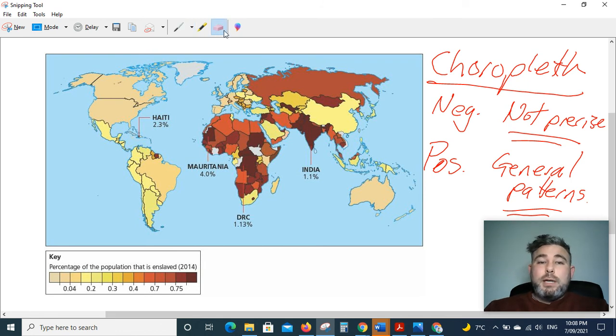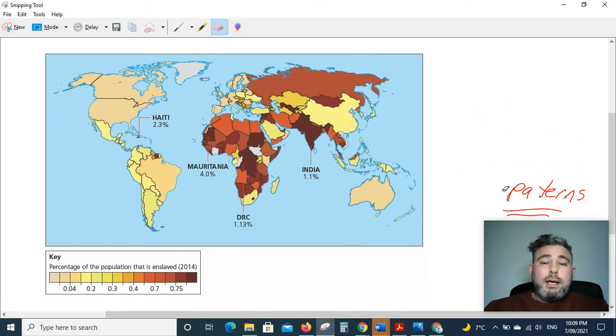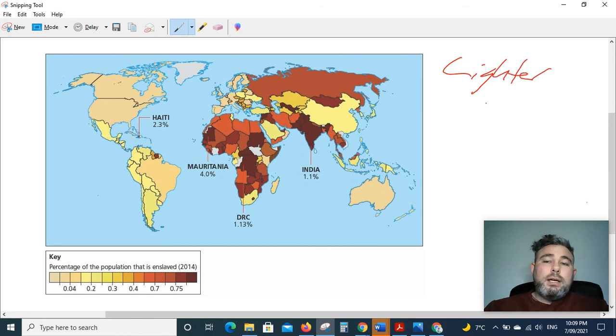So all we'll need to be able to do is to look at a choropleth map, recognize that it's using color. The gradation of one particular color would be great. And when we do that, we want to say that the lighter the color means that it's happening less, lighter for less, yeah?